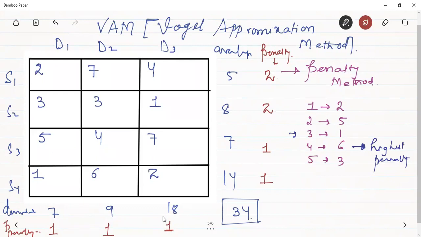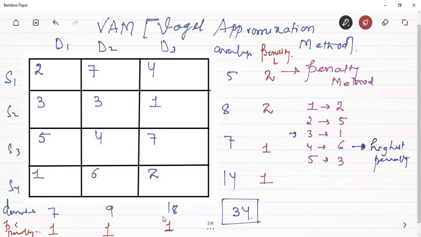तो हम पहले उस रो में एलोकेशन करना चाहेंगे जहां पे ज्यादा पेनल्टी हो कि कम पेनल्टी हो. Where should we start first? The rows or columns which have highest penalty or lowest penalty? Highest.